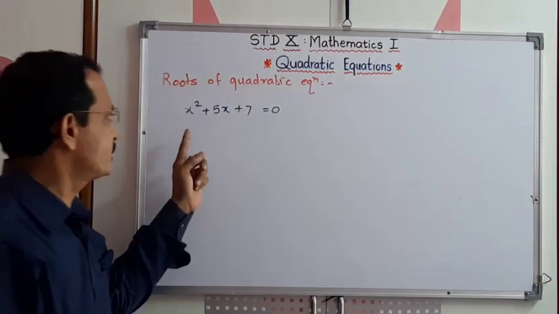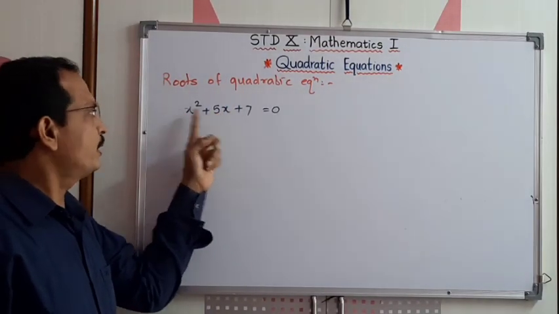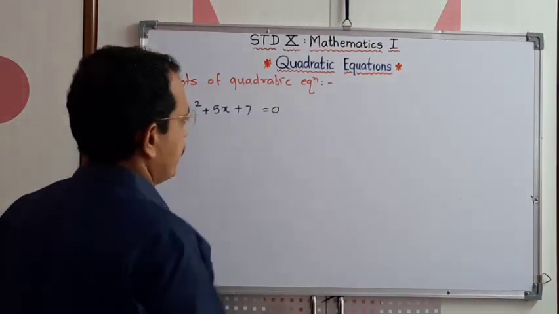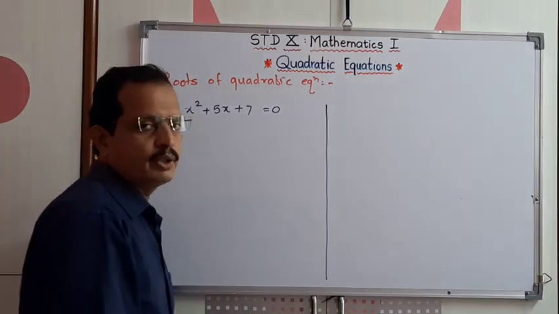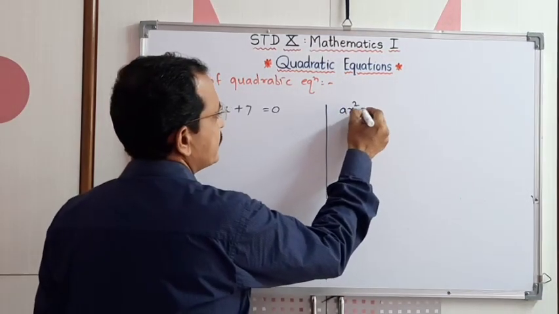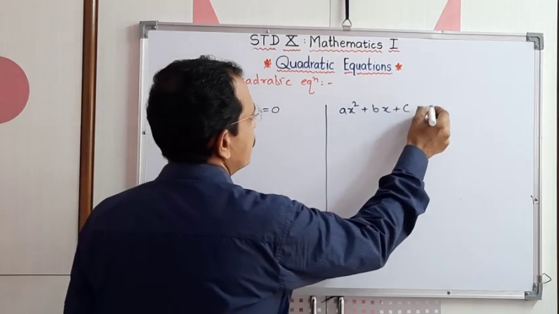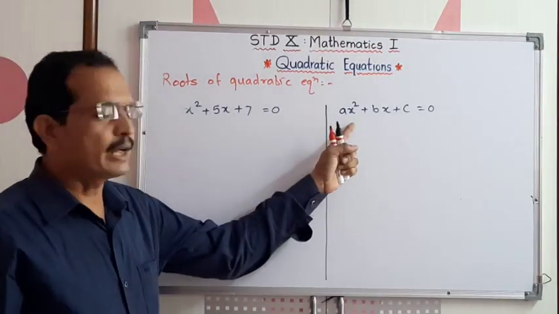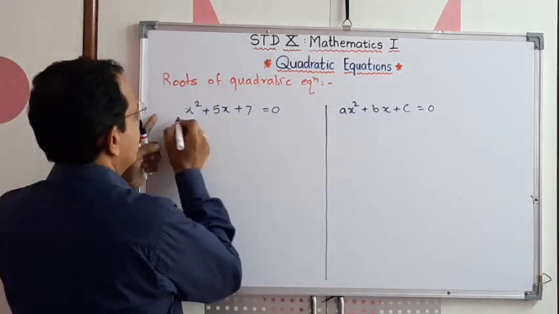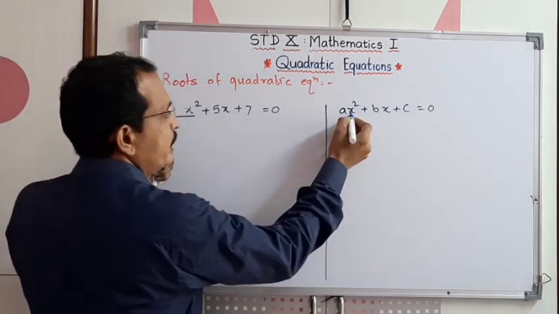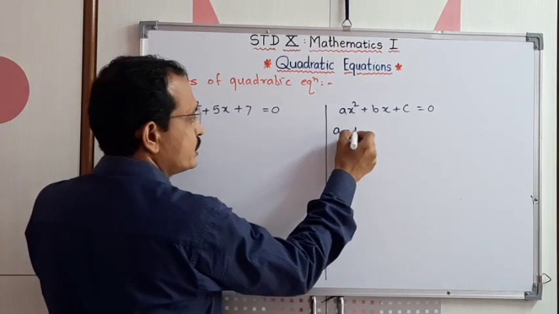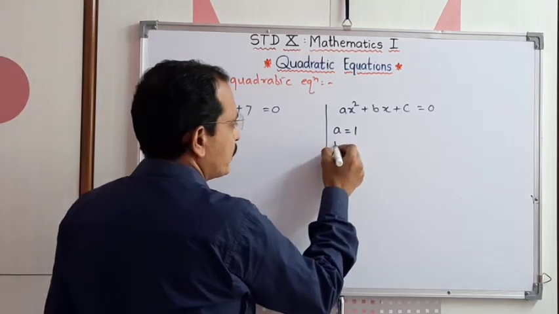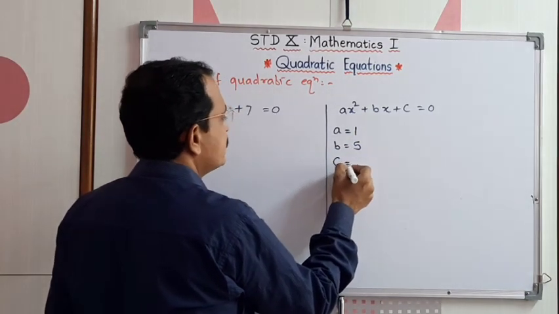If we compare this quadratic equation with our standard form, ax square plus bx plus c equal to 0, we come to know that the first term is 1x square and here it is ax square, therefore the value of a is equal to 1. Second, 5x is there, I write here bx, therefore b is equal to 5, and here c is equal to 7.